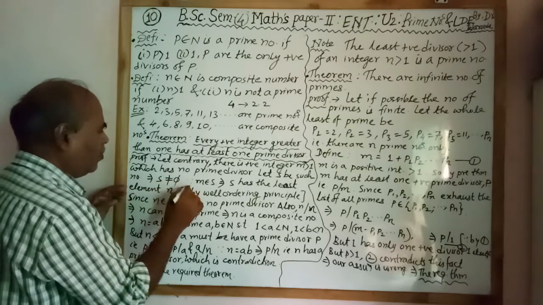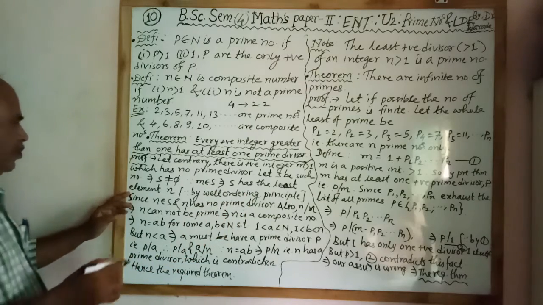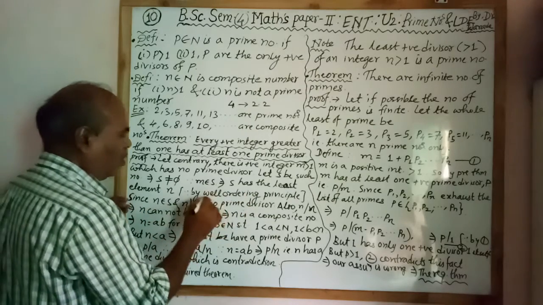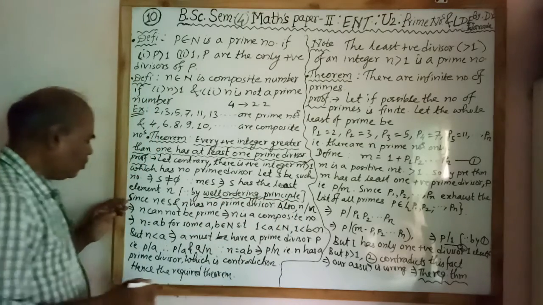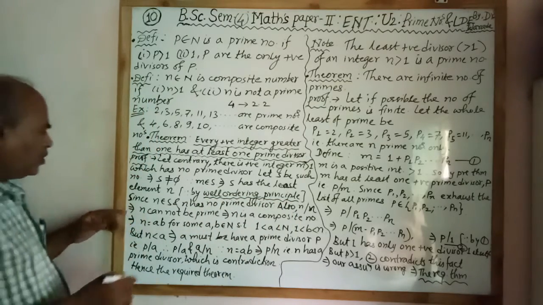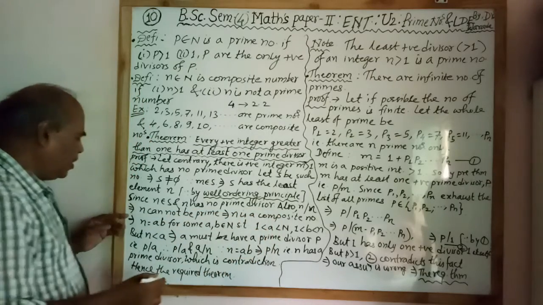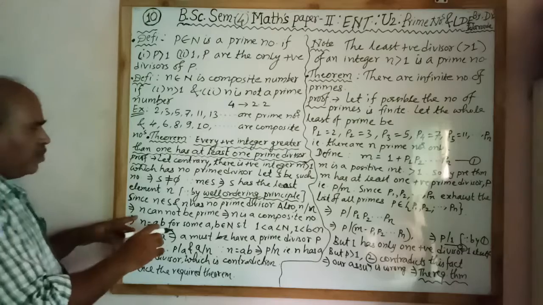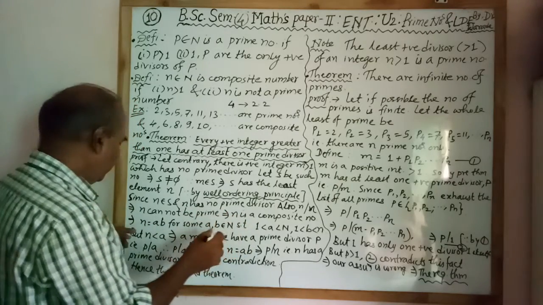Then, since m belongs to S, S has a least element n, by the well ordering principle. Since n belongs to S and n has no prime divisors, and n divides n, n cannot be a prime number, so n is a composite number.